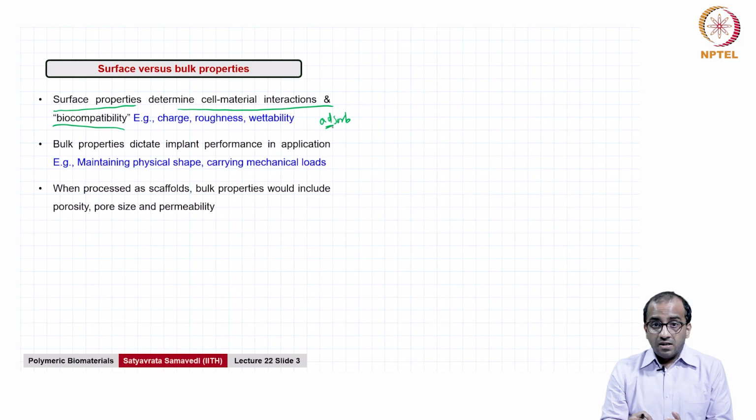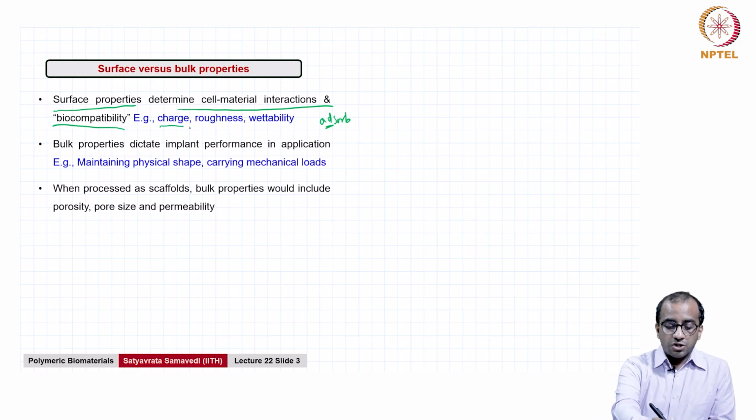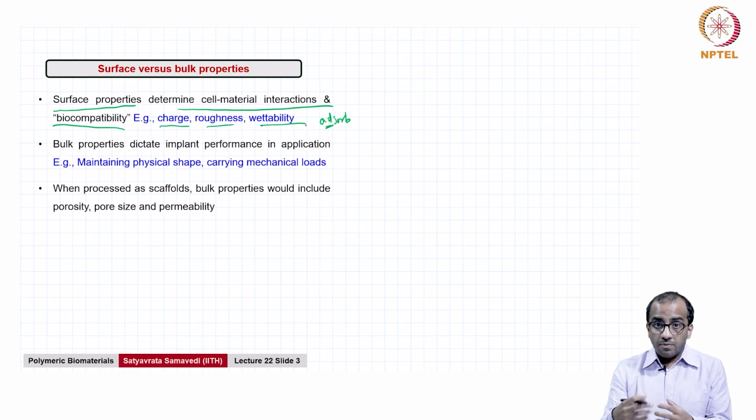And therein surface properties such as charge, roughness, wettability will play a very important role in determining what kinds of proteins adsorb on a surface, and also determining thereafter how cells come and attach to the surface and how the biological microenvironment decides to deal with the material itself. And this is something that we will focus on later in the course, namely surface properties.